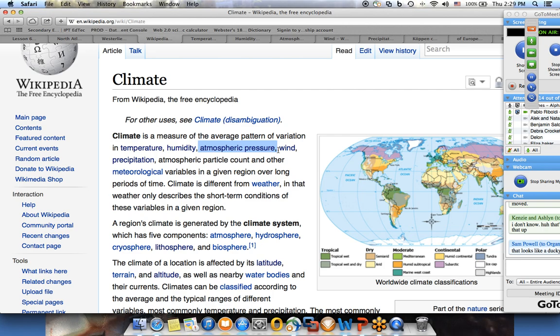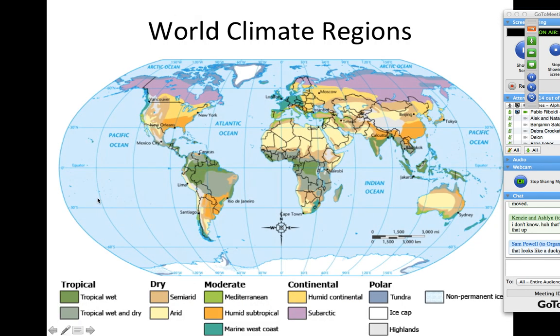What happens is that if you have areas, let me grab the pen. So if we have one area of high pressure, you would draw that as the area of high pressure.